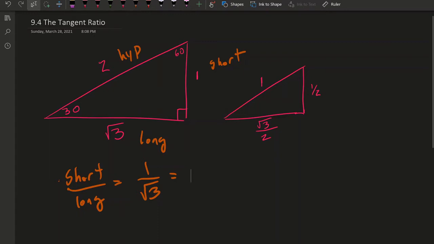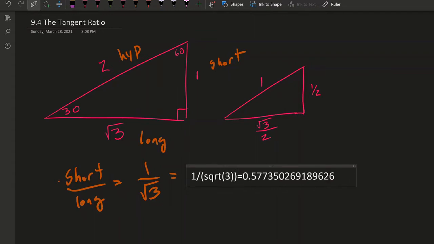So if I do a quick calculation, I get 1 divided by square root of 3, and the ratio of the short side to the long side is always going to be 0.577.